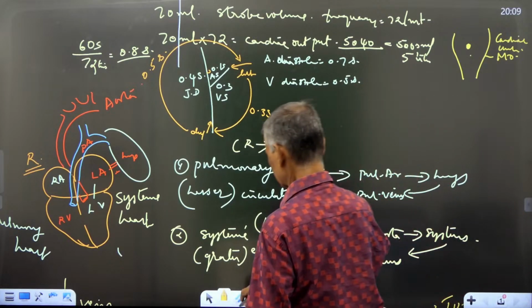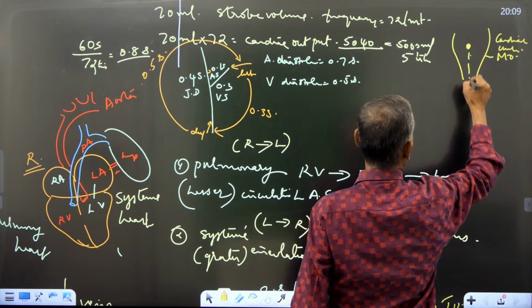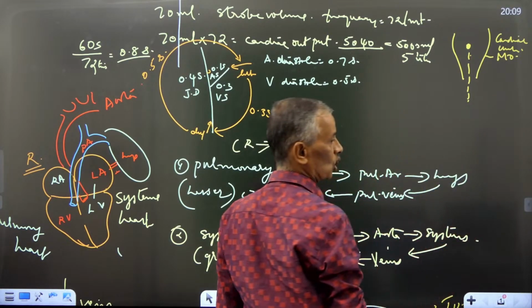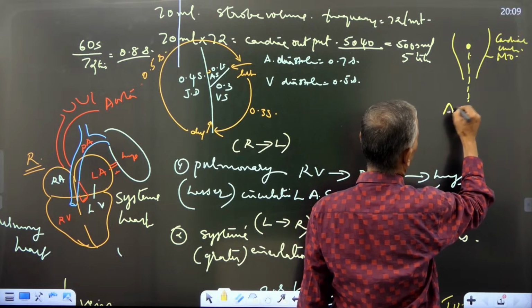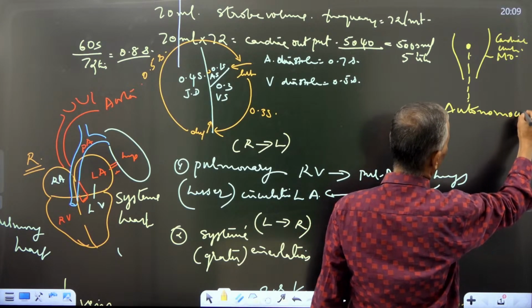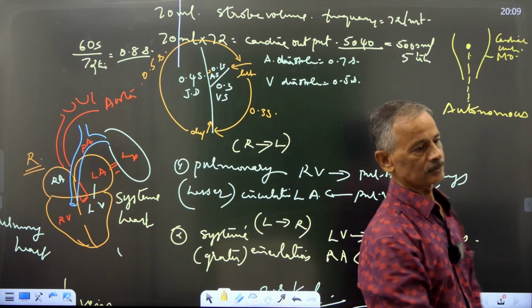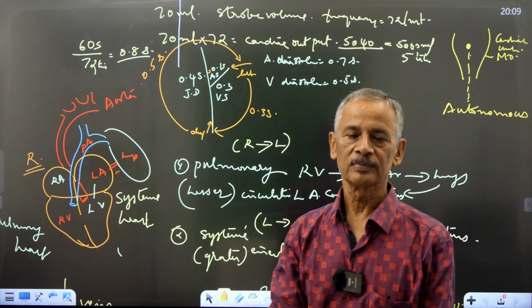From this cardiac center, signals are coming through the autonomous nervous system. What is autonomous? Autonomous is involuntarily regulating our internal functionings.